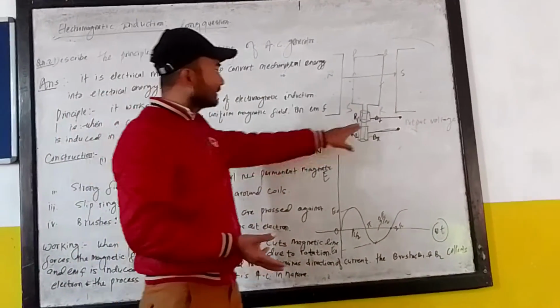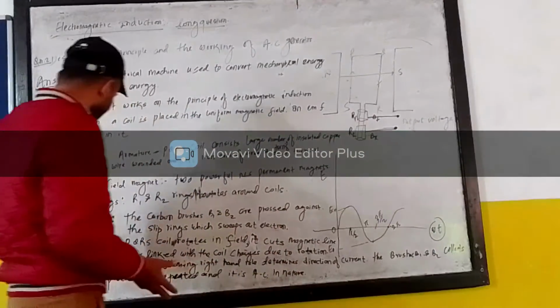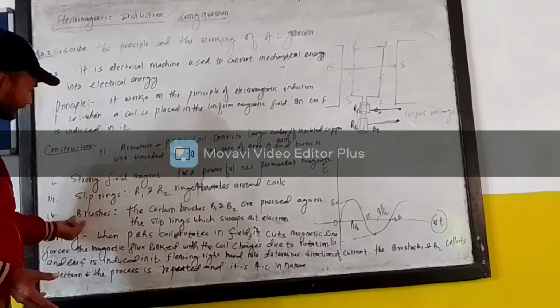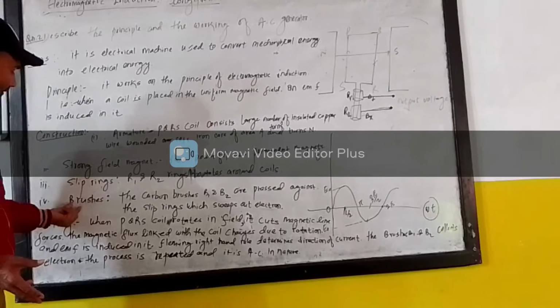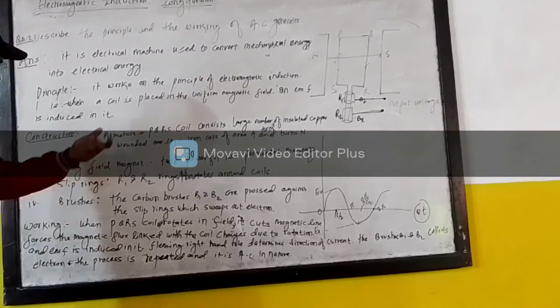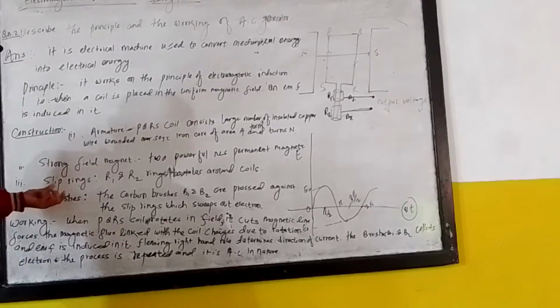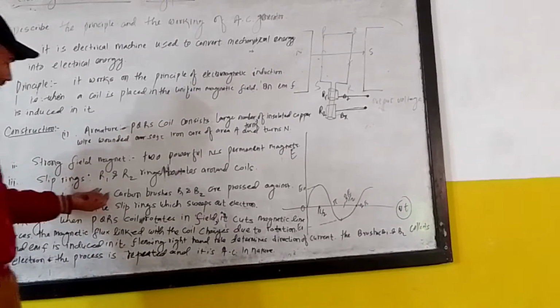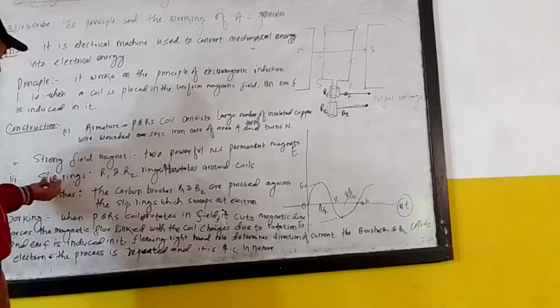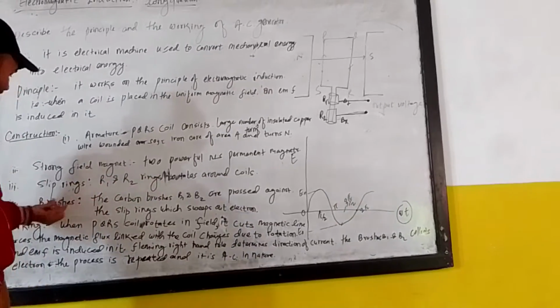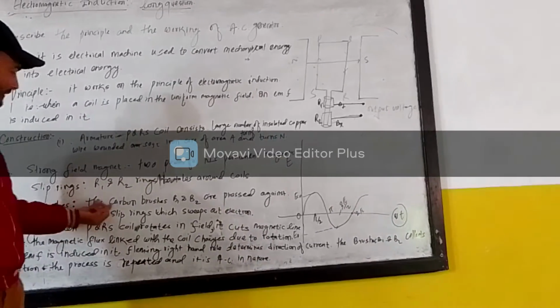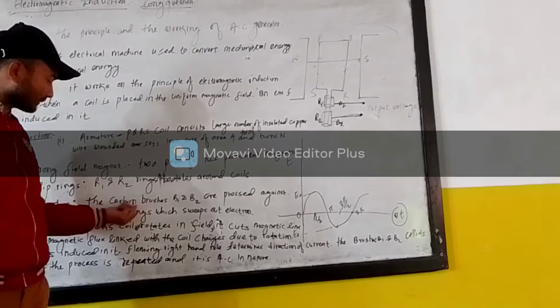The fourth component is brushes, B1 and B2. The slip rings are made of metal, and the brushes are made from carbon.